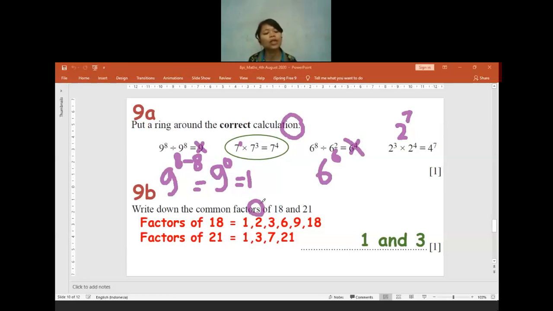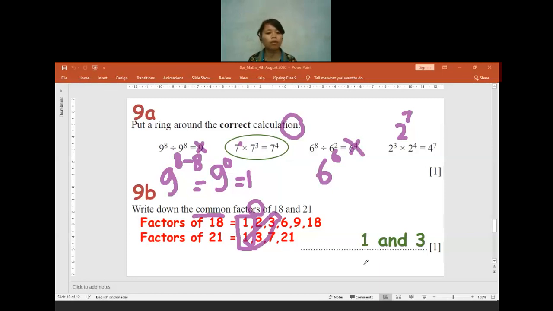To make it easier, we can list all of the factors of 18 and all of the factors of 21, and then we take the common ones only. So 1 is common, both of them have the number 1, and the number 3 is also common. So the common factors will be 1 and 3, not only 3.